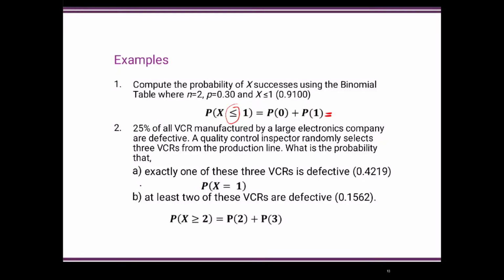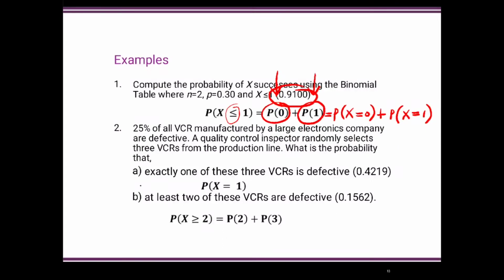Sebenarnya kalau awak tulis panjang dia macam ni lah, X equal 0 plus X equals 1. Atau awak boleh tulis je terus, P of 0 plus P of 1. Dan yang ni guna formula lah. Maksudnya untuk P of 0 guna formula, P of 1 guna formula binomial. Dan dapatkan jawapan 0.91.